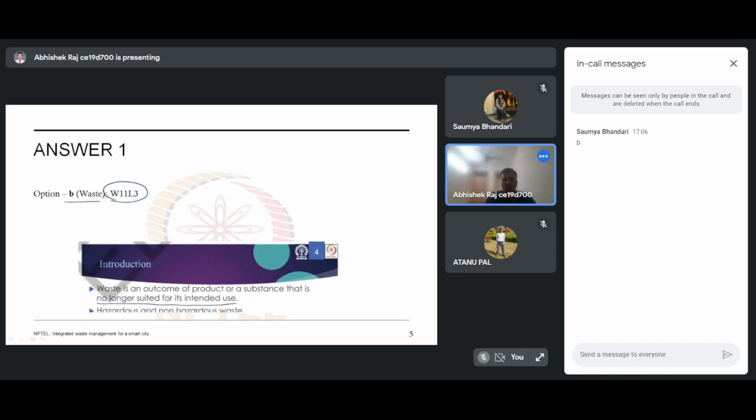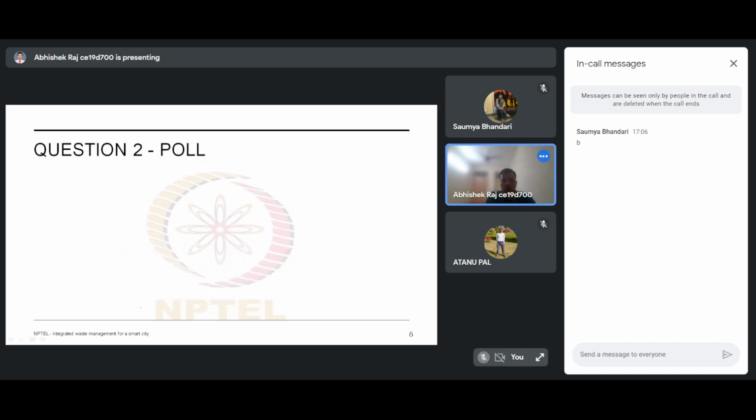So moving on to question number two. This is a poll. Which state produces the lowest per capita e-waste in India according to the WEEE assessment study 2005?